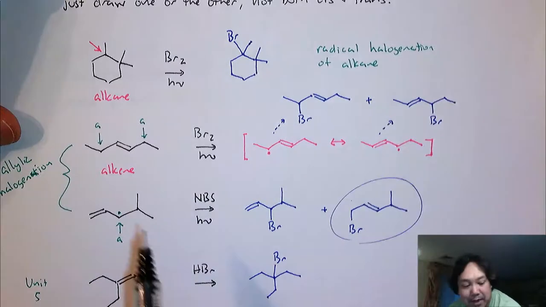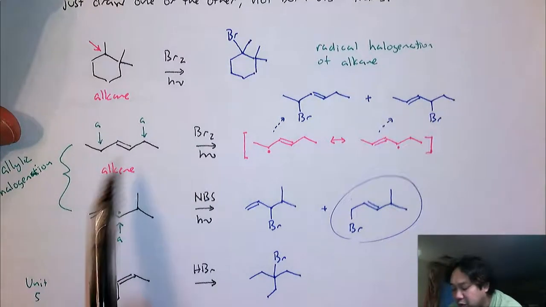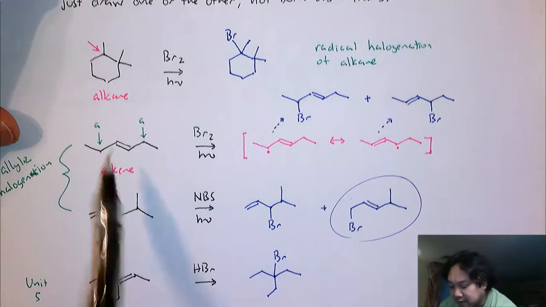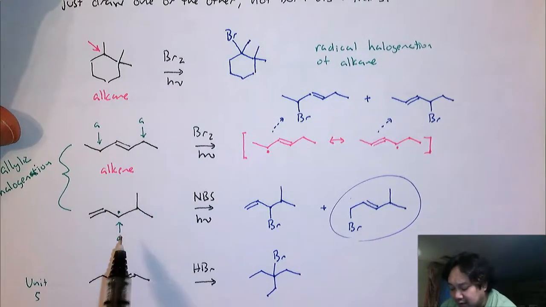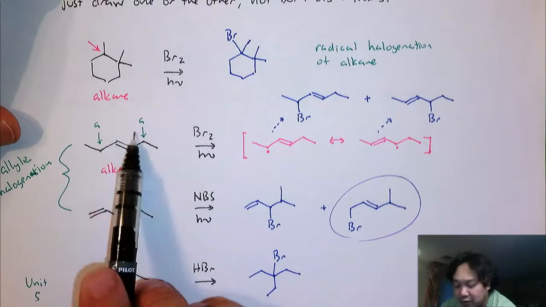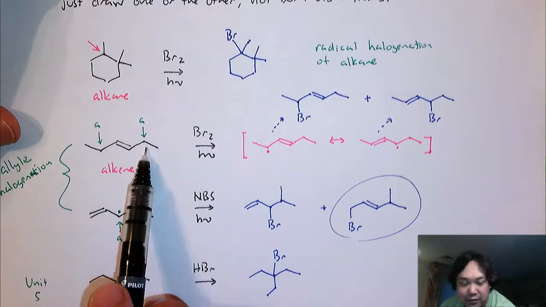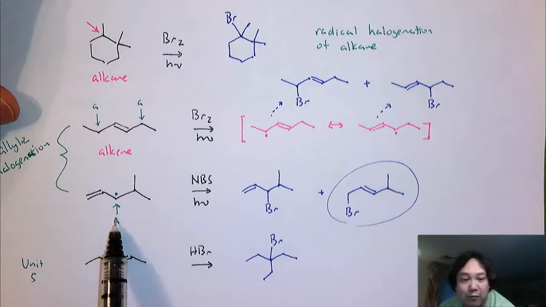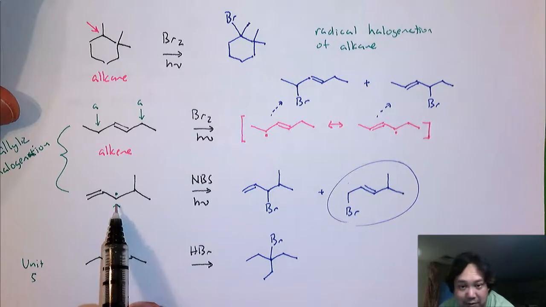Because in the example that I'm going to show, we're going to have multiple allylic radicals that are possible. I purposely labeled all of these A because these two are identical. Whether you have the radical here or here to start with, you will still get the same 2 products. Over here you only have one allylic carbon, so there's only one allylic radical possible.